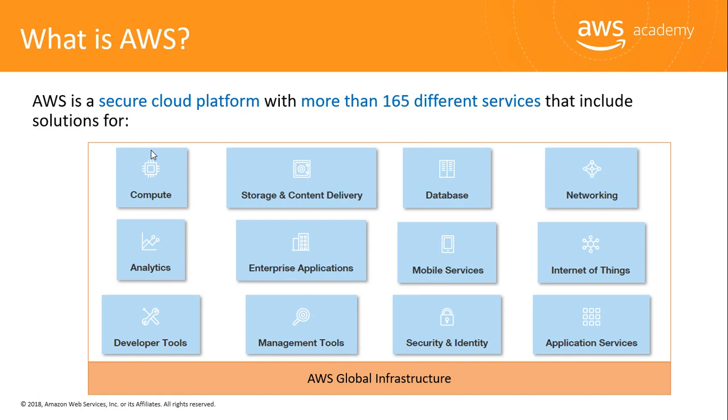So Amazon is providing 300 plus services in the name of AWS. We have heard only about IaaS, PaaS, and SaaS, hardly three types of cloud models. But here we are saying we have more than 300 services.